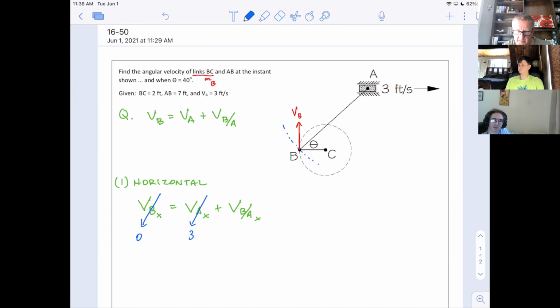And so perpendicular to that arm right there, 90 degrees right there, that's the velocity of B with respect to A. So it's important to know where these things are. You have to conceptualize this and draw this.